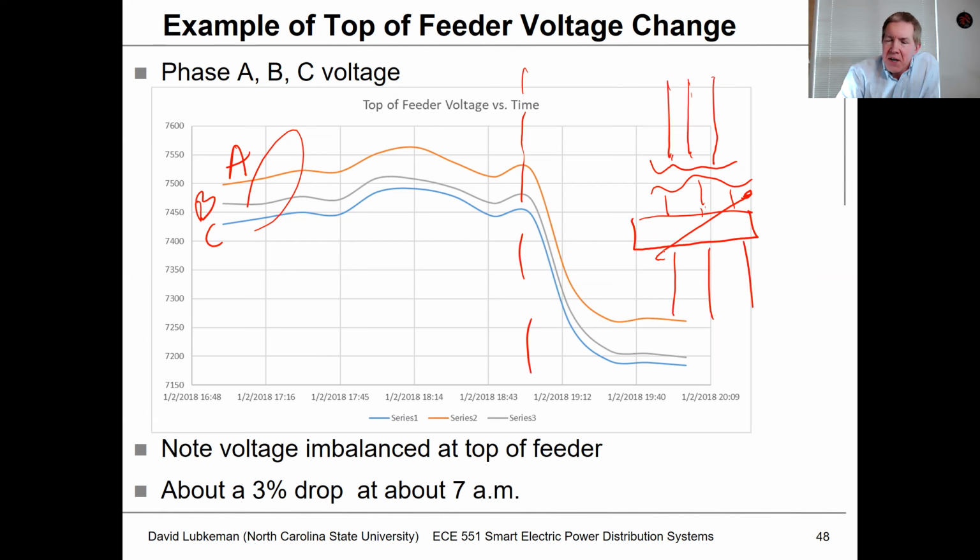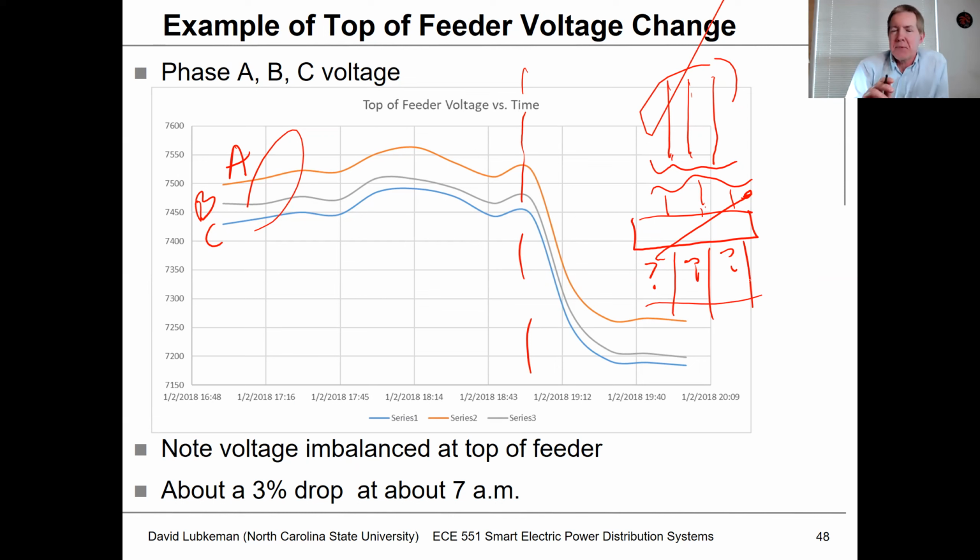So what we're going to see below the regulation at the substation is imbalanced voltages. This happens because a lot of these subtransmission systems are not properly transposed. And so you're going to get imbalanced voltage drop across subtransmission, which gives you imbalanced voltage at the load side of the regulator at the top of your circuits.